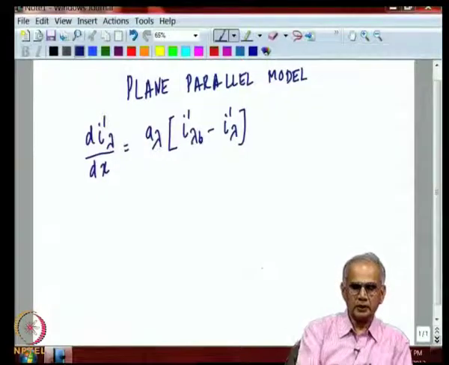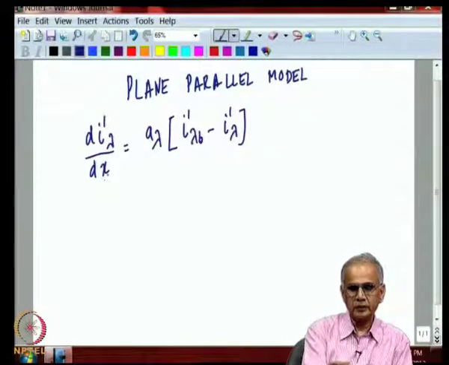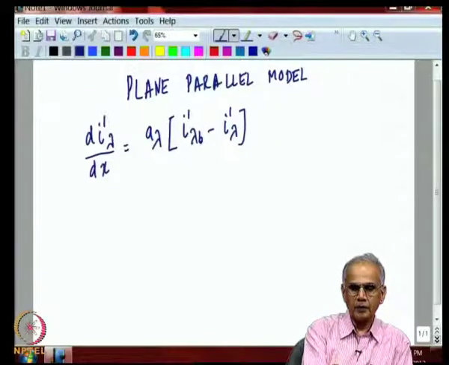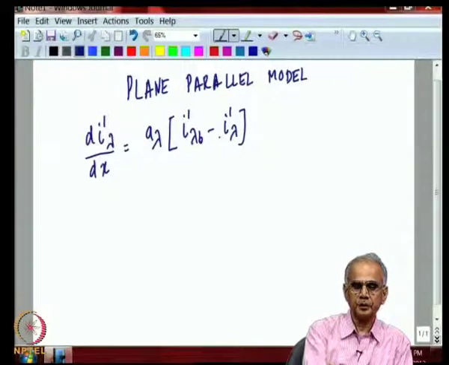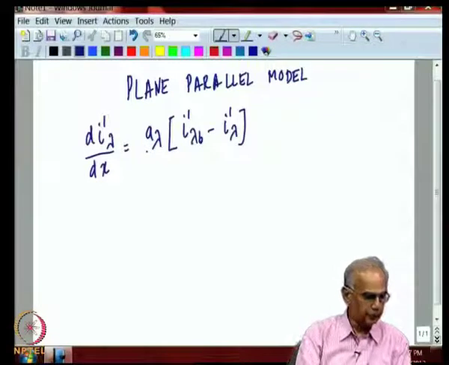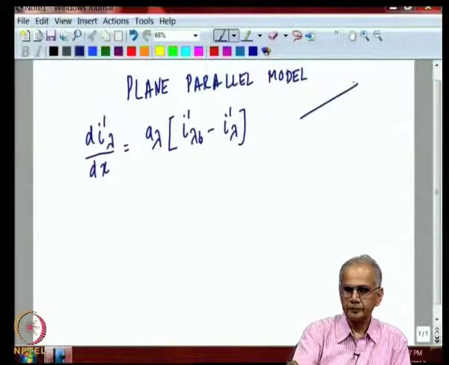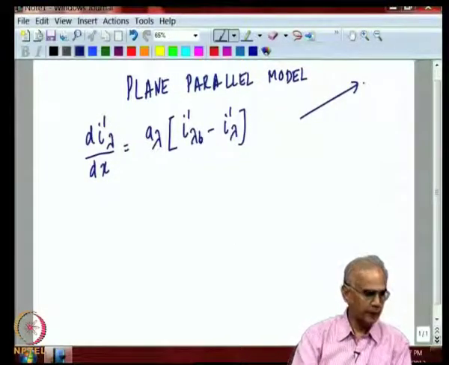Which says that the change of intensity with distance is proportional to the emission by the gas and reduced by the absorption by the gas. Second term absorption, first term is emission. This is absorption coefficient, which has units of meter minus 1. This can be integrated, so that along a given direction you can get the intensity.